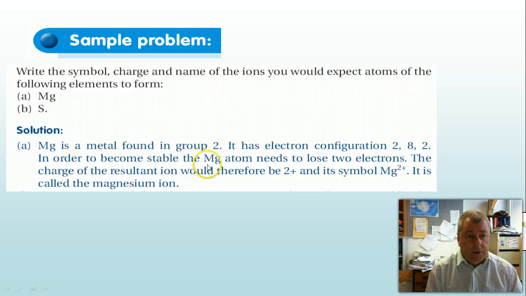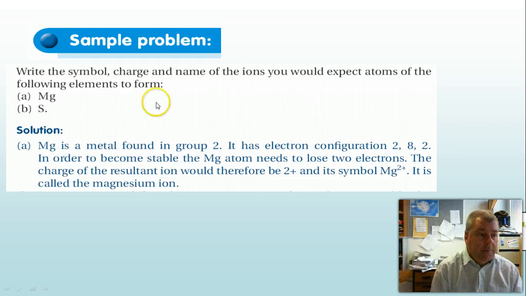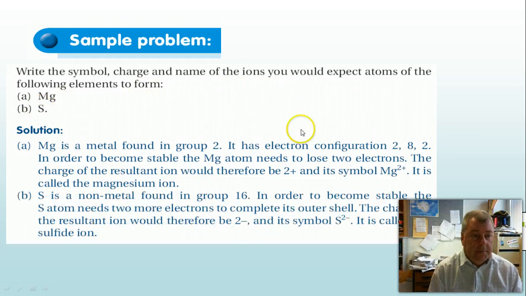In order for it to become stable, it needs to lose these 2 outer shell electrons because it's a metal, and the resultant ion would therefore have a charge of +2, and the symbol would be written as Mg2+, the magnesium ion.